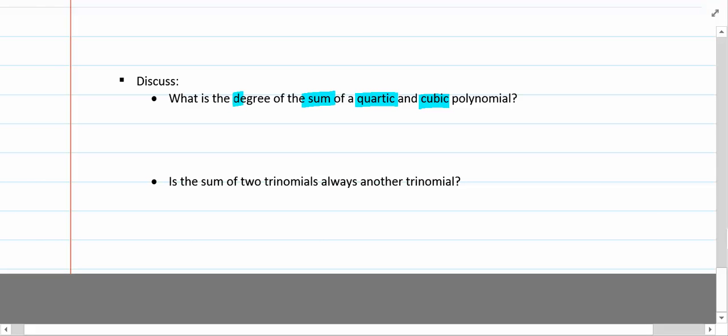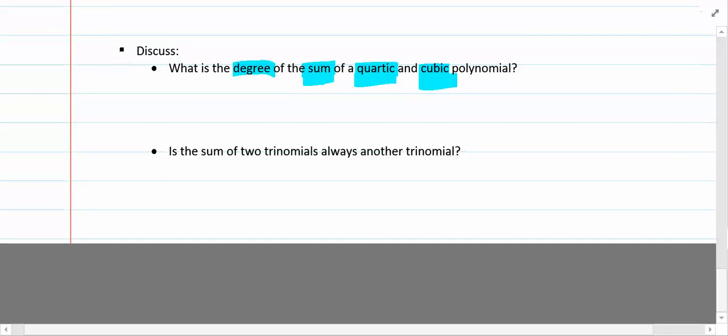And then the other question I want you to think about is the sum. When I add together 2 trinomials, is the sum of 2 trinomials always going to be another trinomial?